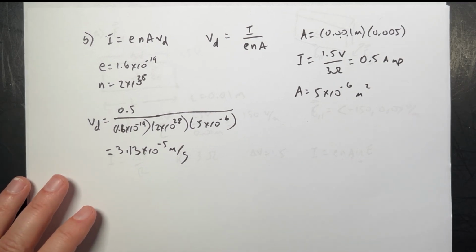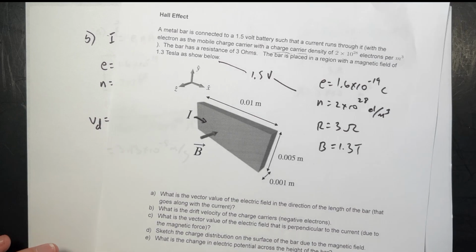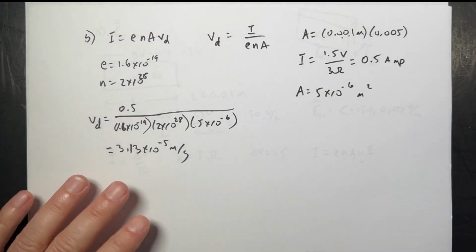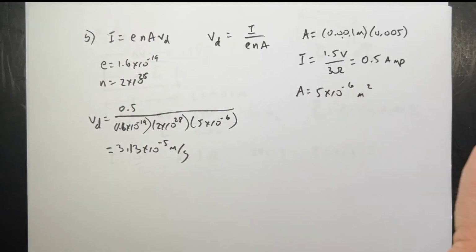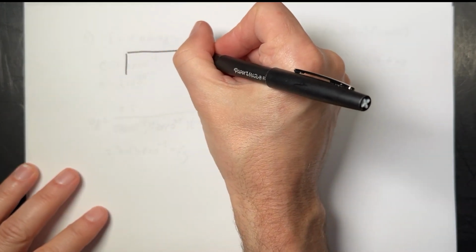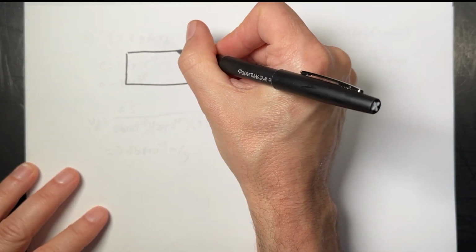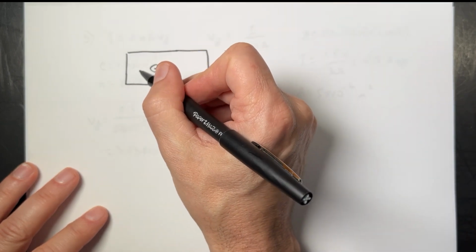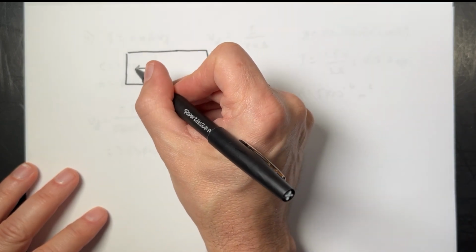Moving right along here. And you know, there is a reason we found that. Because C, what is the vector value of the electric field perpendicular to the current due to the magnetic force? So let's just draw another picture. I have these negative electrons, and they're moving this way.